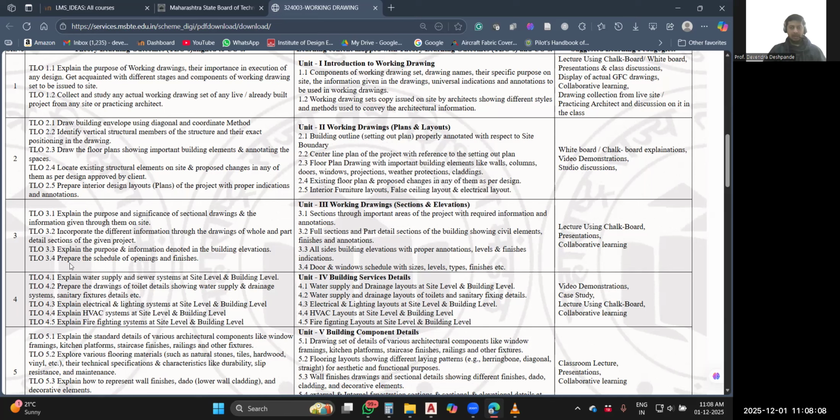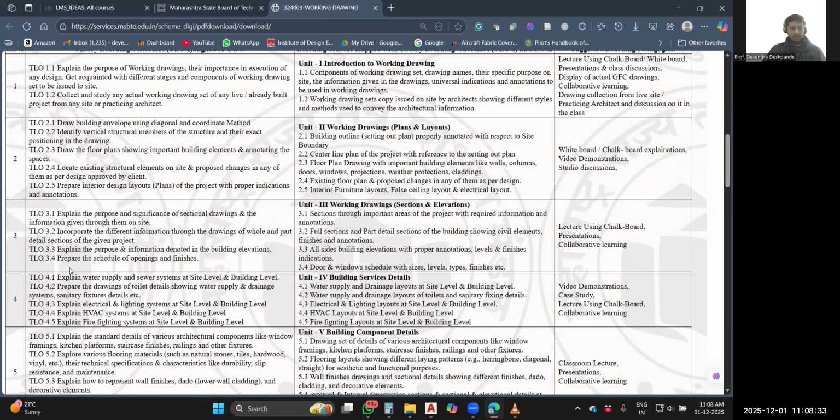Always remember that these are not just conceptual drawings, these are specific instructions given to contractors as to how they are supposed to undertake the construction on site with the given specifications, with the given information, do's and don'ts by the architect.